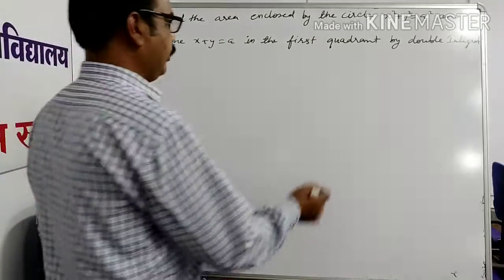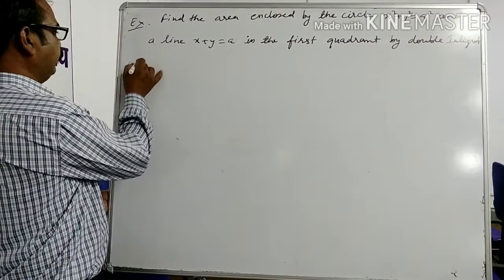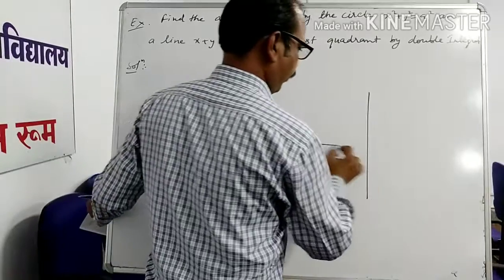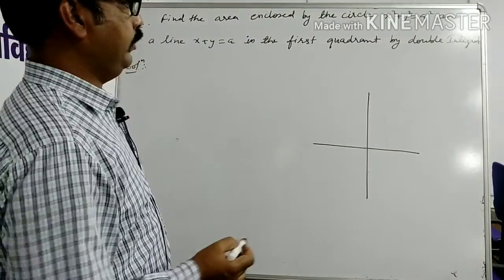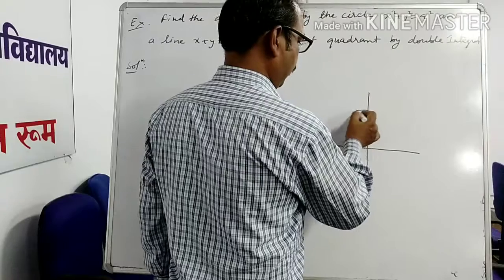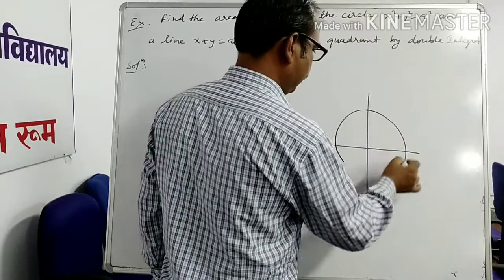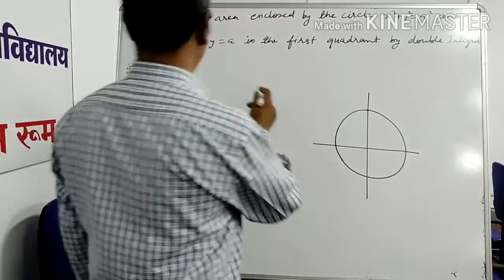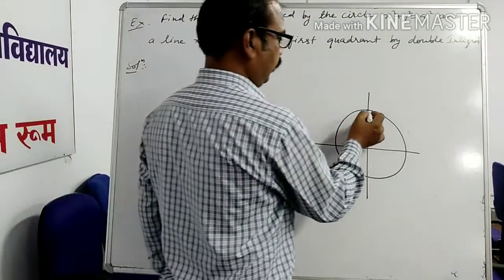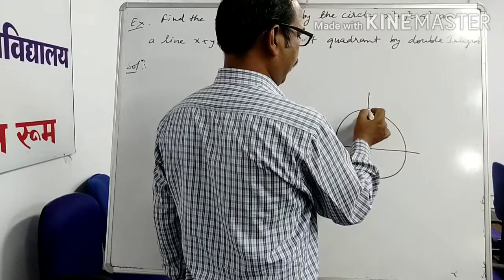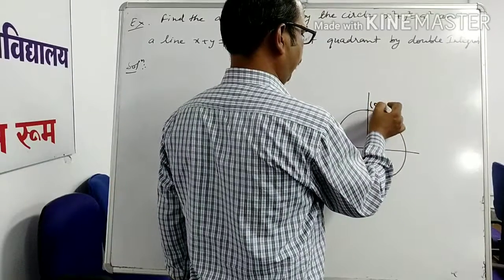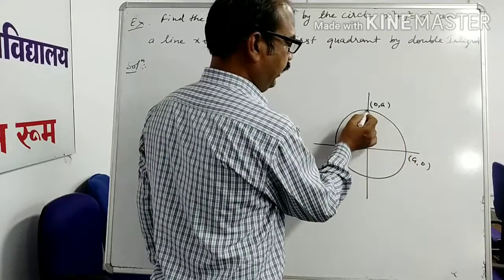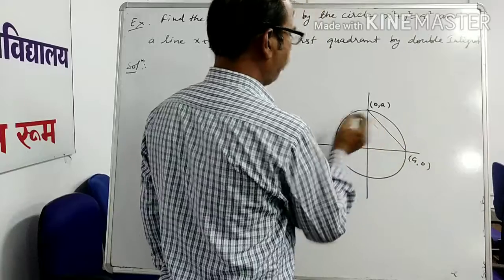Before starting the problem, we will draw a circle whose radius is a and a line x plus y equal to a. So x equal to 0, it is y equal to a, this is (0,a), and this is (a,0). So the given line is this.